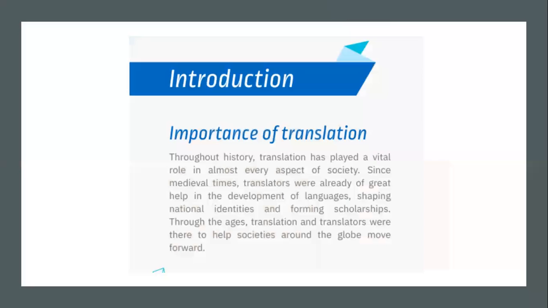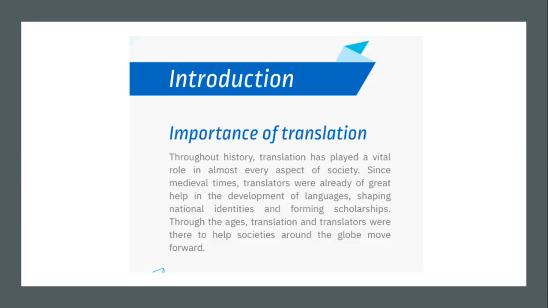All right, so as an introduction, translation has always been very important throughout history, beginning with the Egyptians in the year 3100 BC, when they used translation between the different languages of slaves and noble people. So translators were already of great help in the development of languages, shaping national identities and forming scholarships.